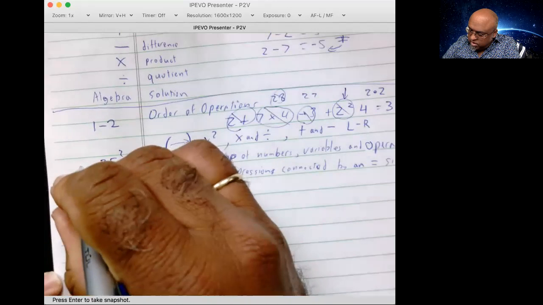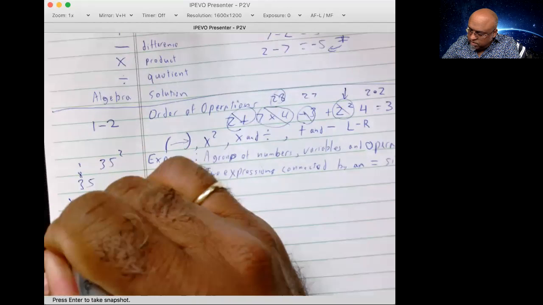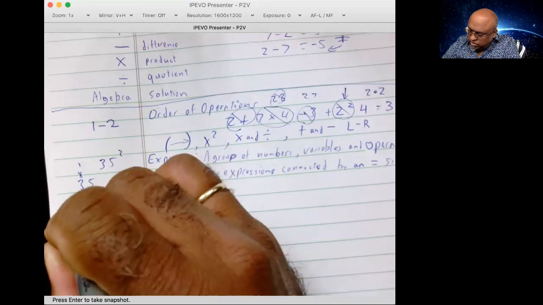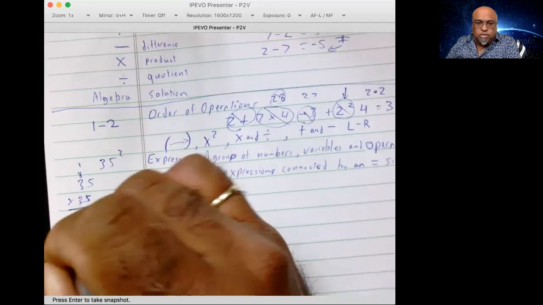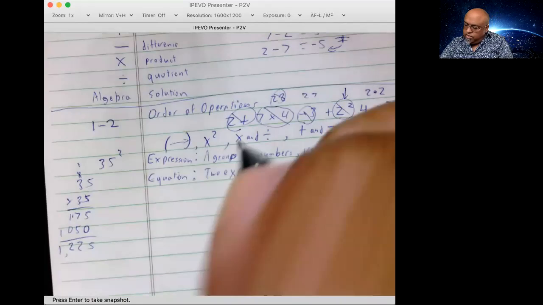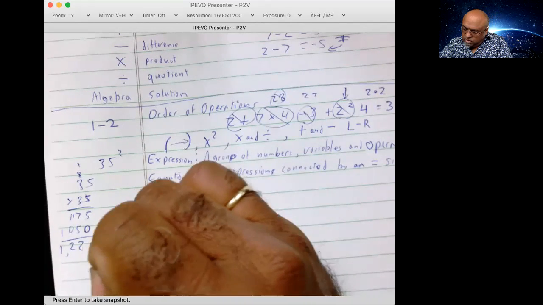Cross that out. 1 there. 3 times 3 is 9. Plus 1 is 10. 7 and 5 is 12. 1 plus 1 is 2. So the answer is 1,225. 1,225 is not 31.